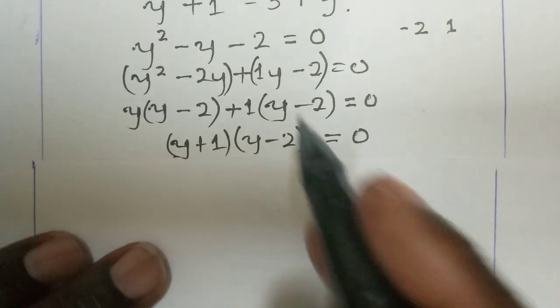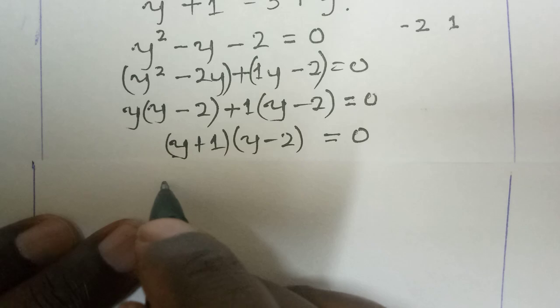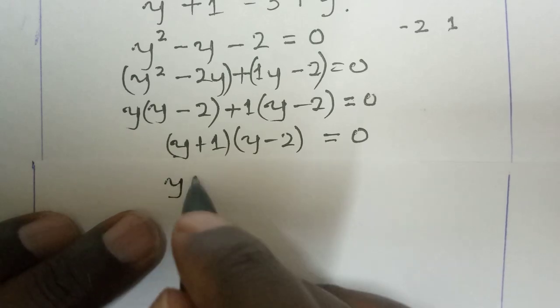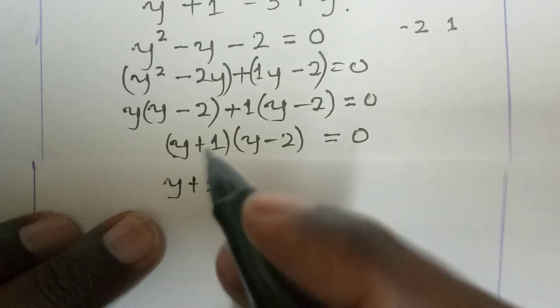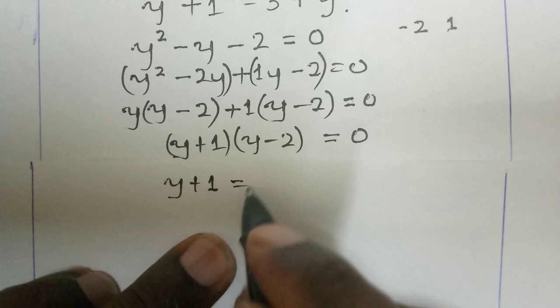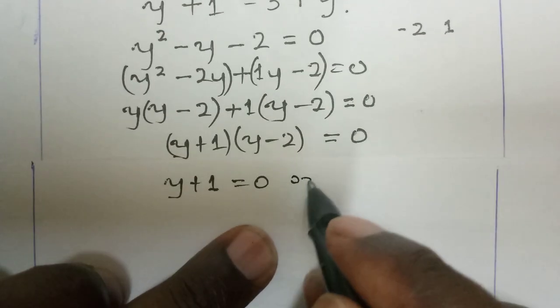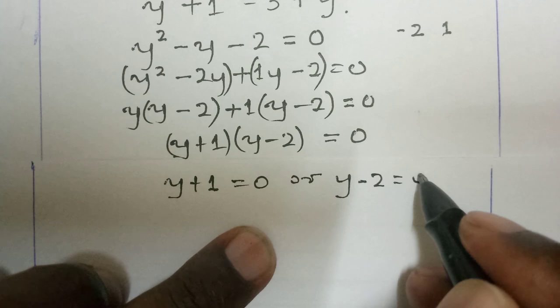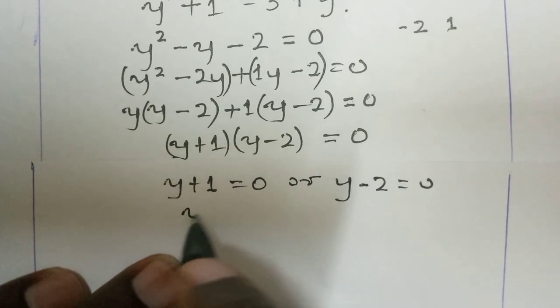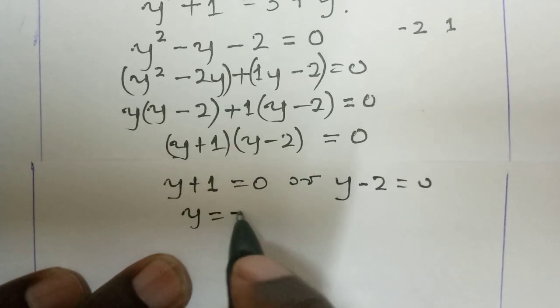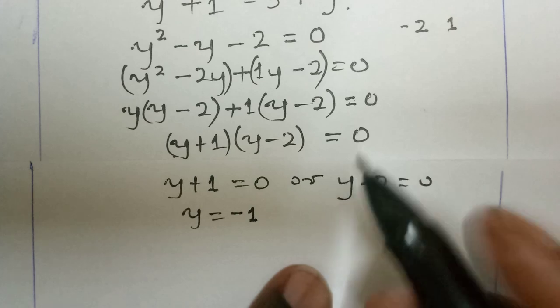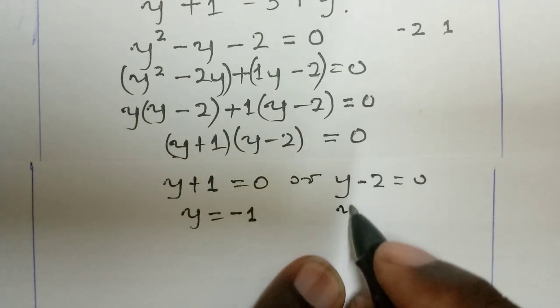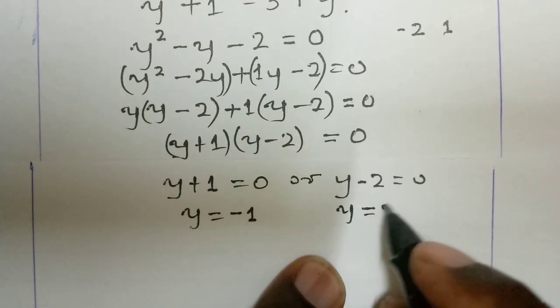So guys, from there now we can say y plus 1 is equal to 0, or y minus 2 is equal to 0. So therefore we have y is equal to -1, and on this other side, guys, we have y is equal to 2.